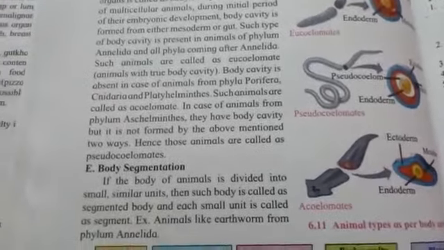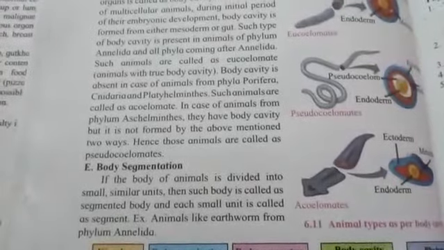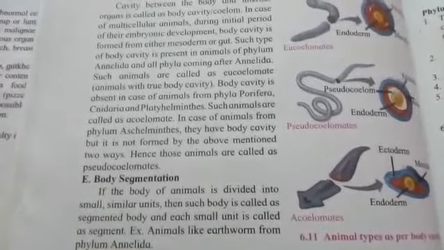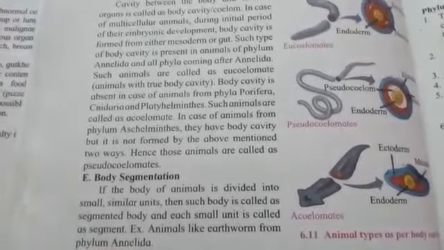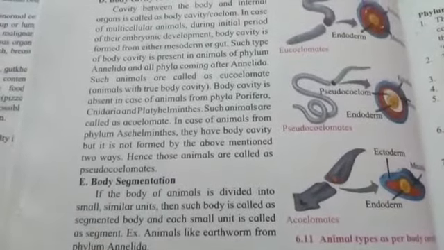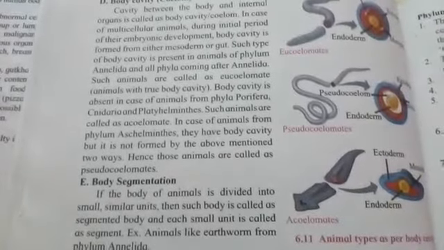Then animals from phylum Aschelminthes will have the body cavity, but as it has not been derived from the mesoderm, these are going to be known as the pseudocoelomates. That means false coelomates.